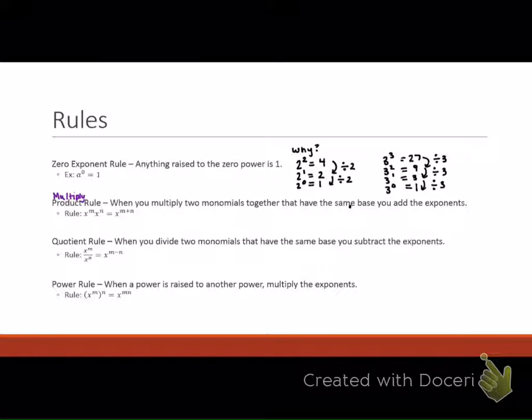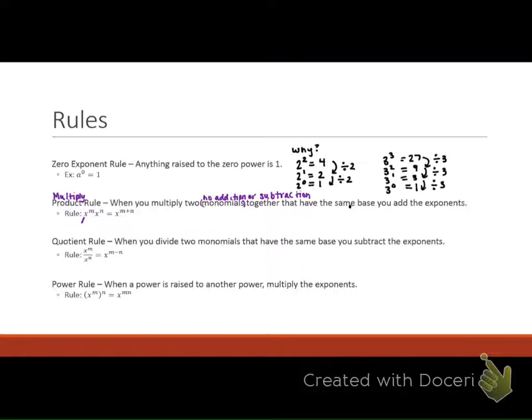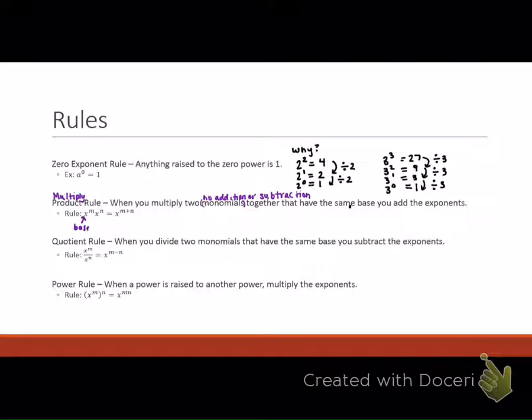So the product rule is when you multiply two monomials together. So this just means there's no addition or subtraction. Together that have the same base, you add the exponent. Same base means that the same variable or the same number is the base.